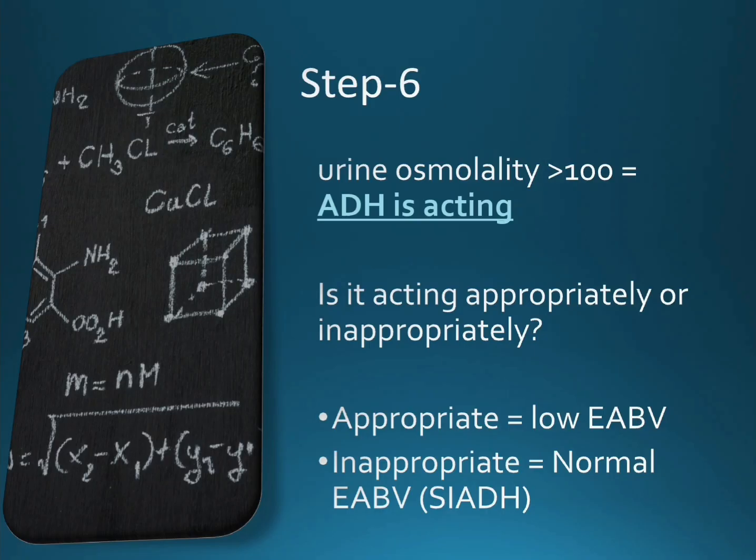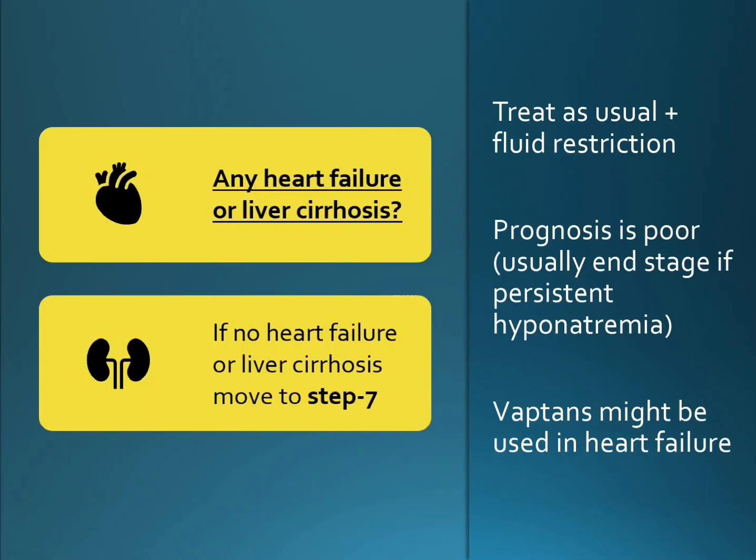So you have to ask yourself if there is any heart failure or liver cirrhosis. If there is heart failure or liver cirrhosis, then it's usually a vicious circle. These patients will have the fluids moving out of the vasculature to the interstitium all the time.